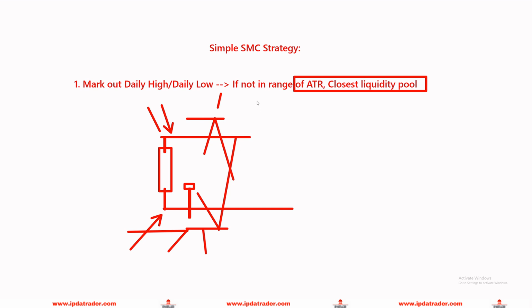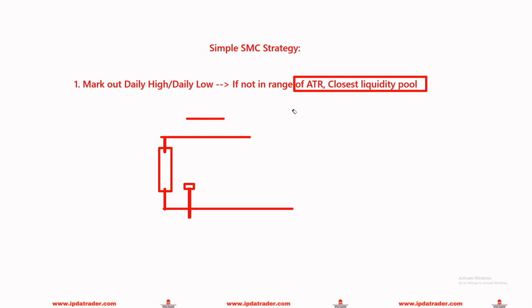Once again, if your ATR is not in range of the daily candle high and low, then you're going to wait for the closest pool, or as a matter of fact, POI to it, okay? And I know this may sound confusing at this point, but just bear with me here for a second because it's going to get much clearer in a second over here, okay? So this is step one. Once again, you do not really have to worry that much about ATR, because most of the days it will be outside of the daily high and low, so it's going to be no problem for you. So understand step number one, which is this process over here.